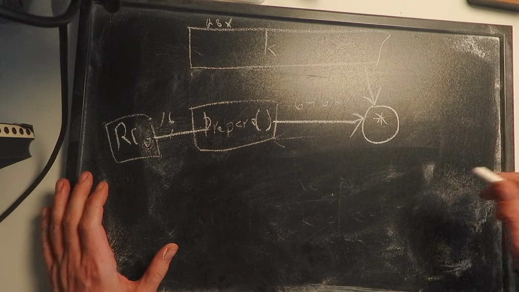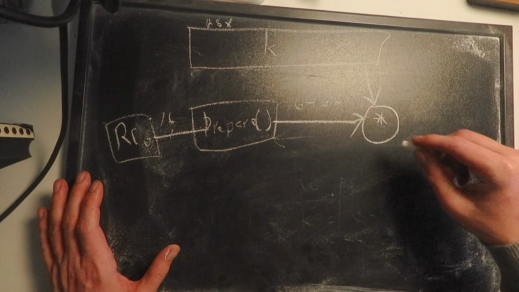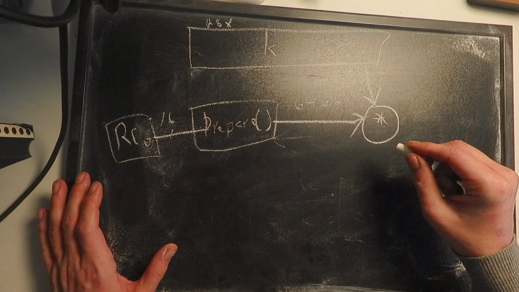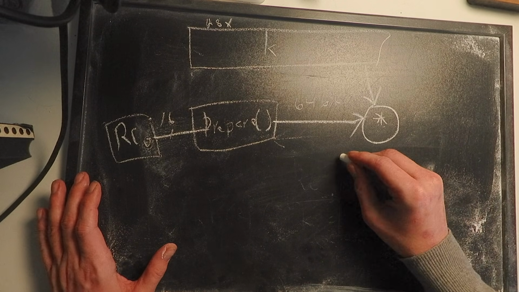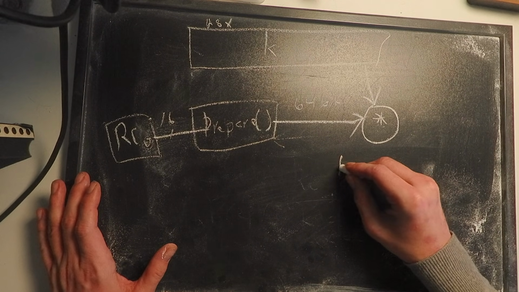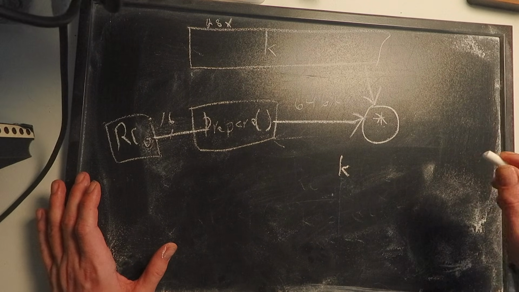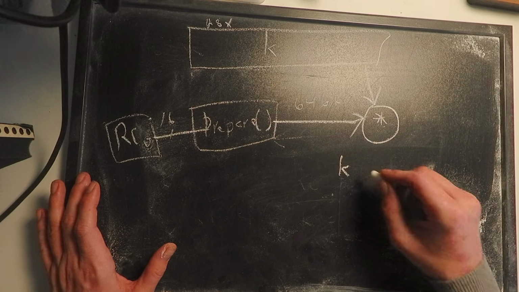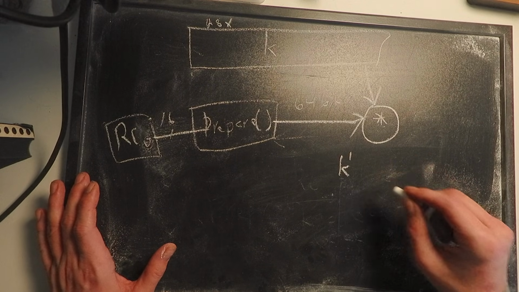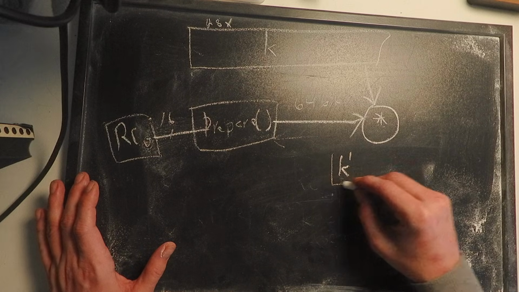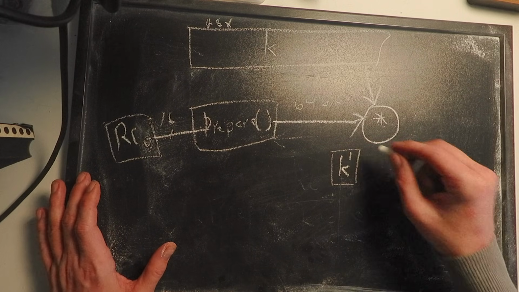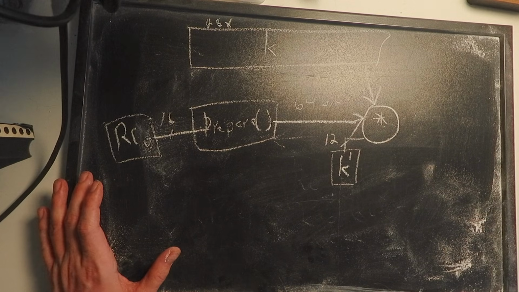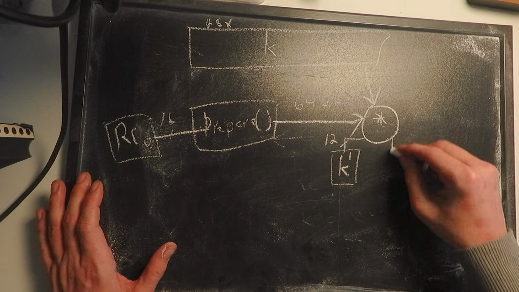So that means we get a 128-bit value out, but we're going to chop it off. So let's say we have K prime here, which is the first 12 bits of K. And here we have the rest.